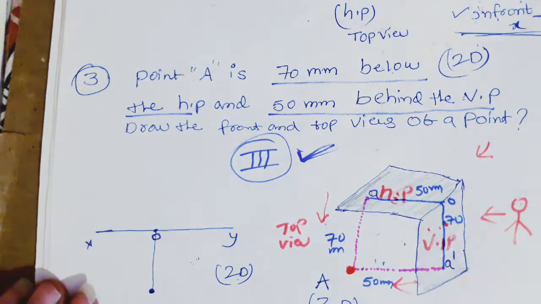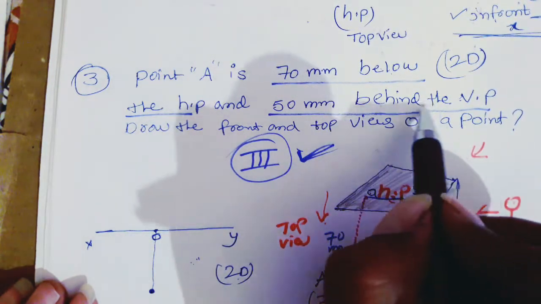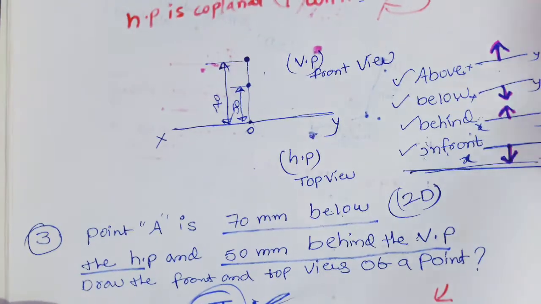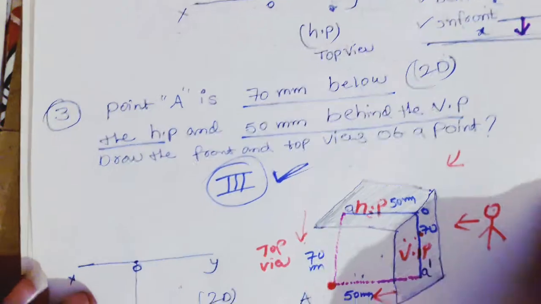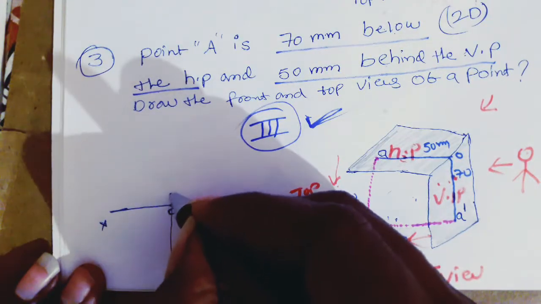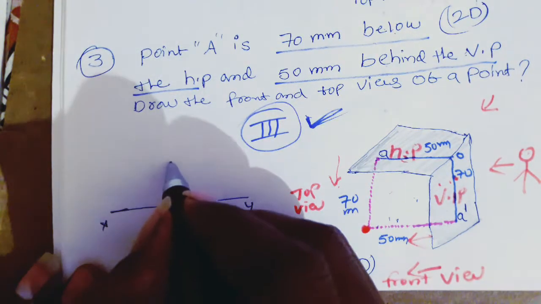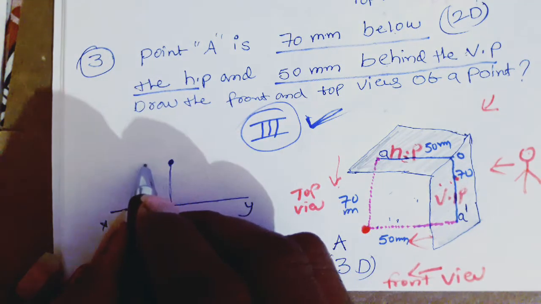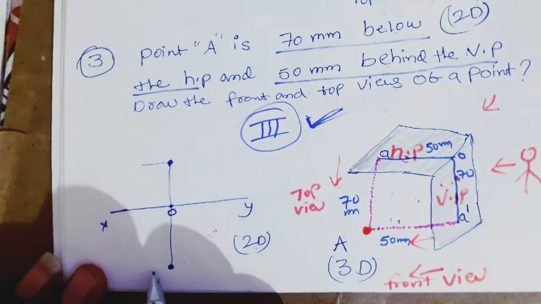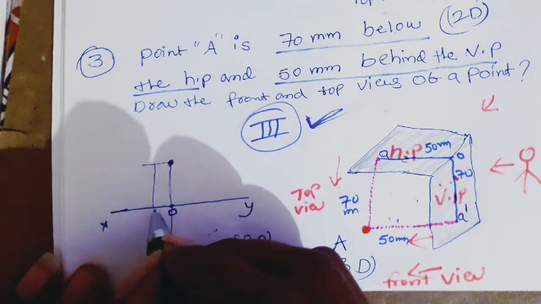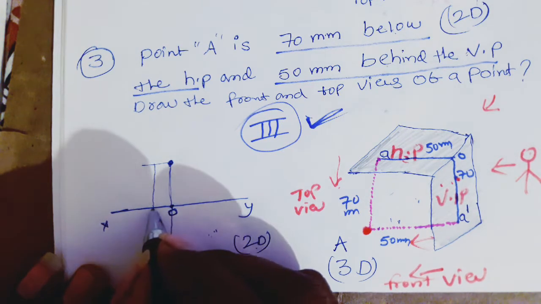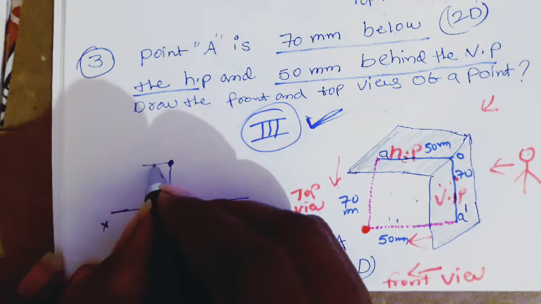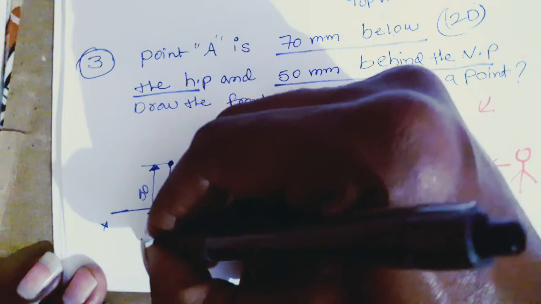Next, behind VP is given. Behind nothing but above. You need to show it above the XY reference line here. So this is 50, this is 70, right?